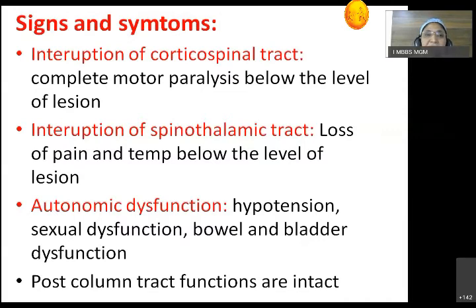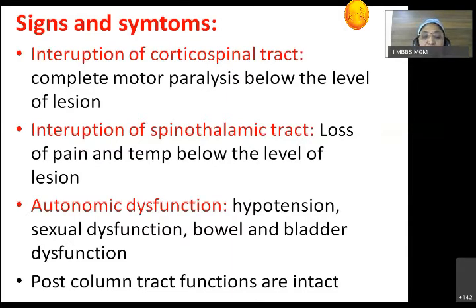So in anterior spinal artery syndrome, there is interruption of the corticospinal tract, which leads to complete motor paralysis below the level of lesion. As there is interruption of the spinothalamic tract also, there is loss of pain and temperature below the level of lesion, and also autonomic dysfunction.